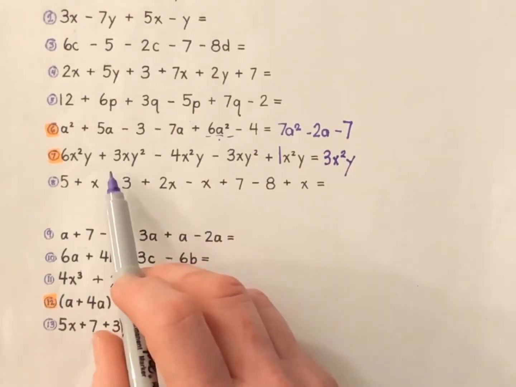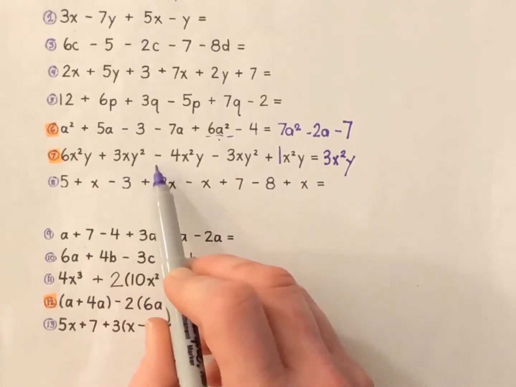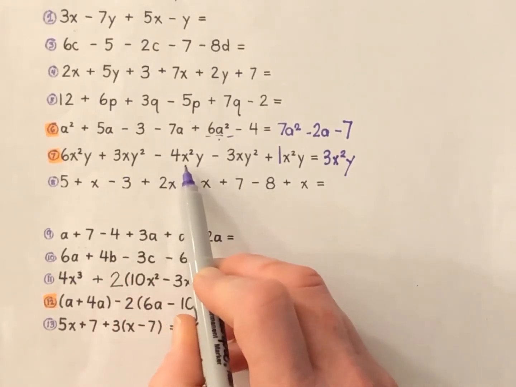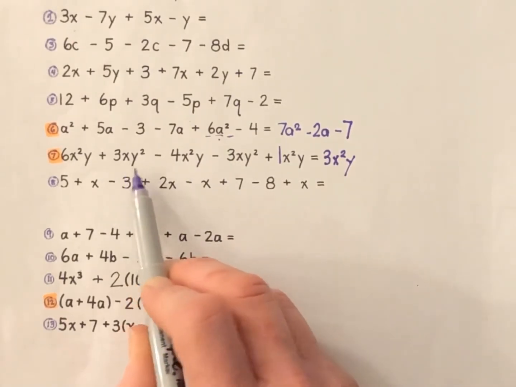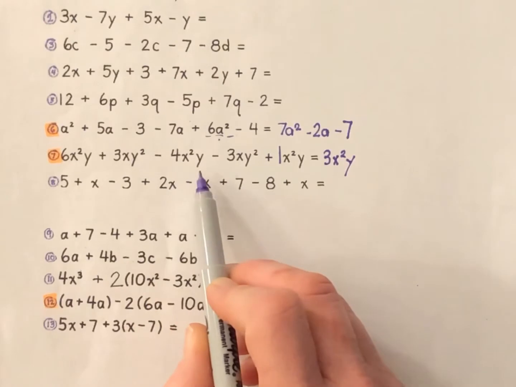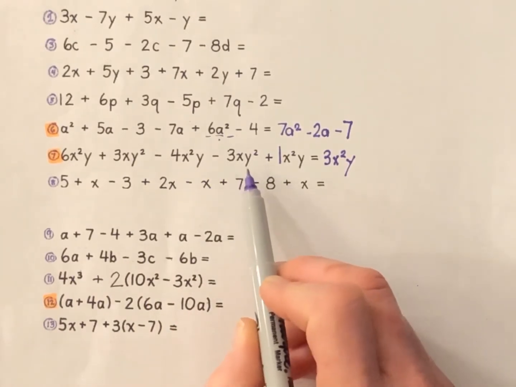And then we have 3xy squared minus 3xy squared.